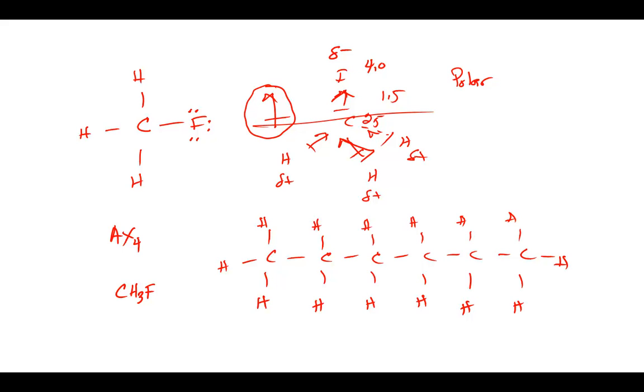How did I get hexane? Well, I look at the carbons. I've got 1, 2, 3, 4, 5, 6 carbons, and for 6 carbons we use hex to represent that. And since this is a saturated alkane, alkanes being just carbon hydrogen based single bond compounds, this is called hexane.